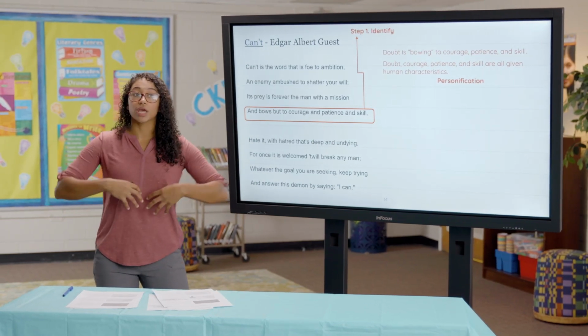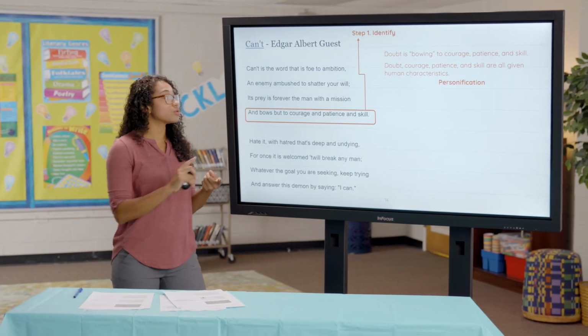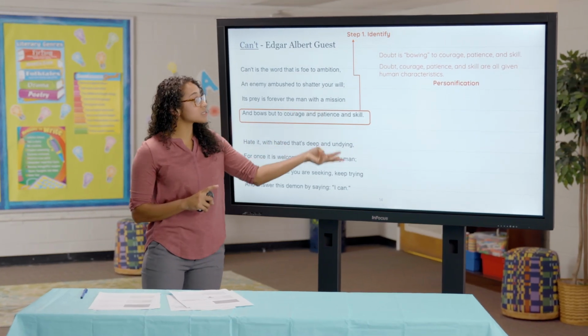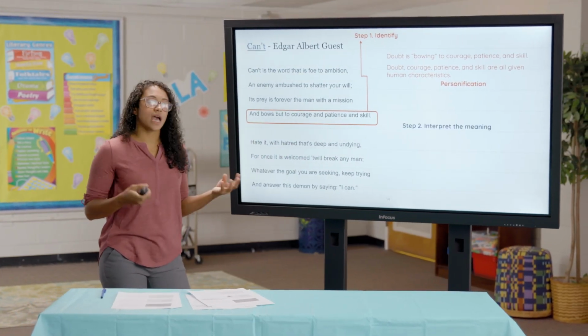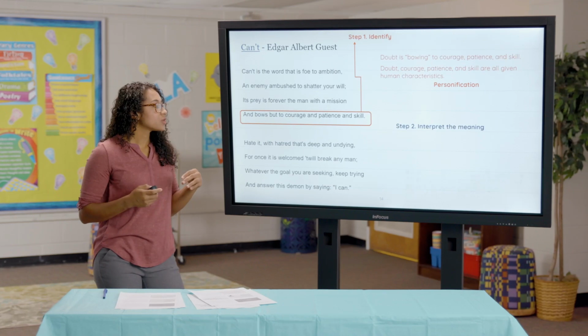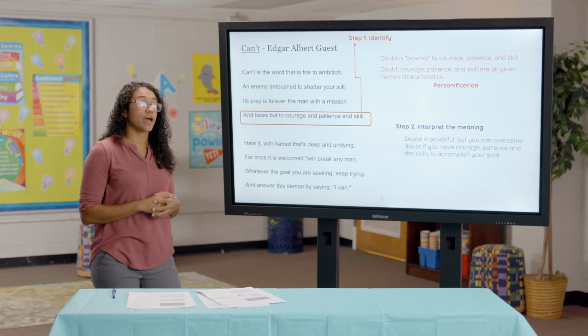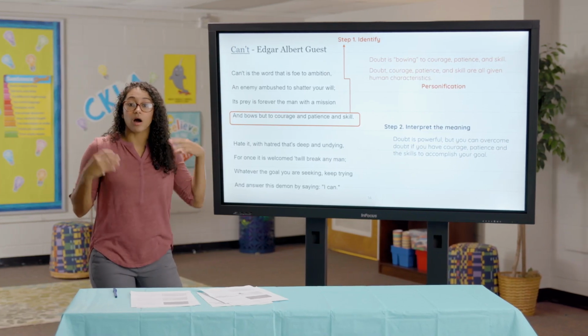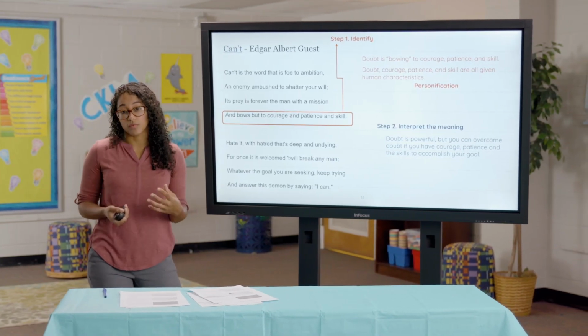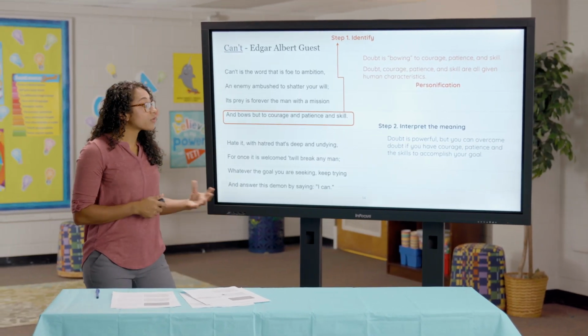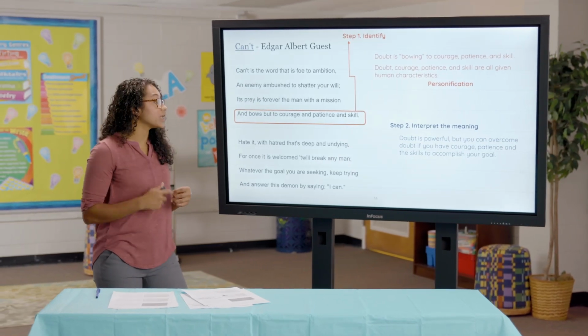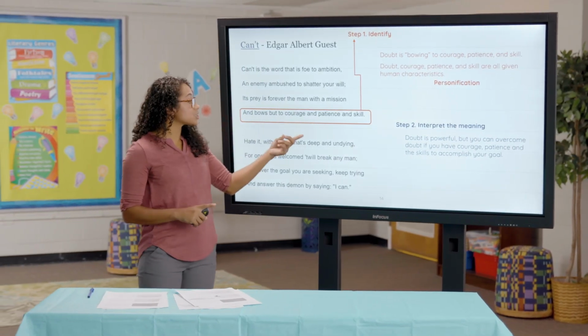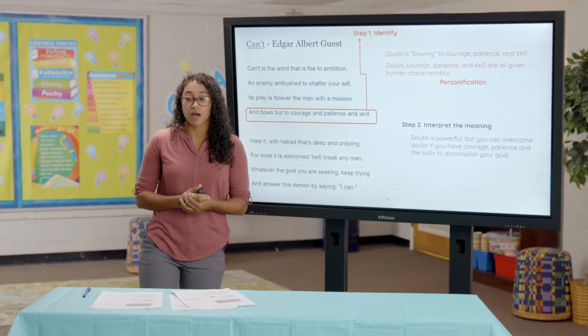So if doubt can only bow to courage, patience, and skill, what does that mean? You should have said something along the lines of the fact that doubt is powerful, right? We talked earlier in the poem about all the ways doubt can be harmful. Doubt is powerful, but you can overcome it if you have courage, patience, and the skill to accomplish that goal.